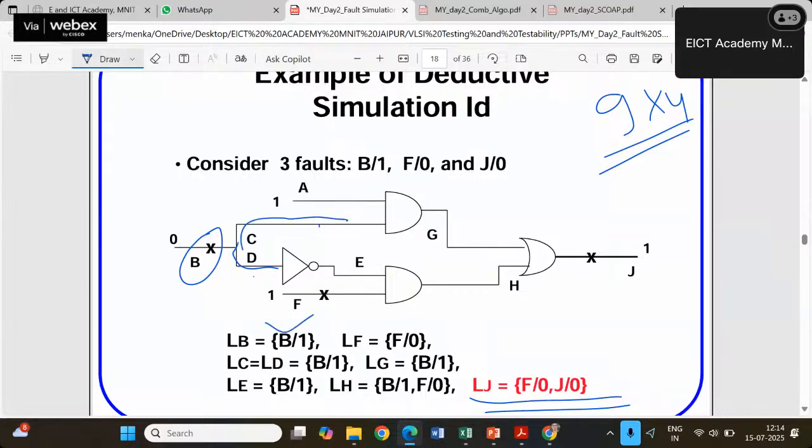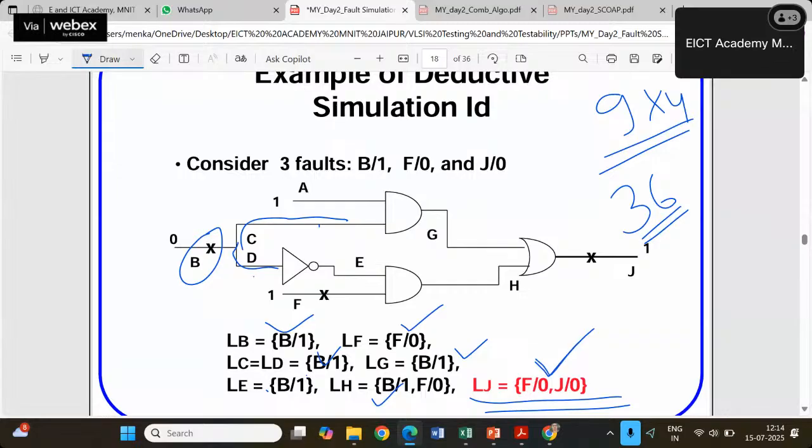So this is one, LC, LD only one, LF only one, LE is also one, LG is also one, LH is 2 number of bits, and LJ is again 2 number of bits. So in case of the previous case, there were 36 bits required, 36 cells, memory cells were required to detect the same set of 2 faults.